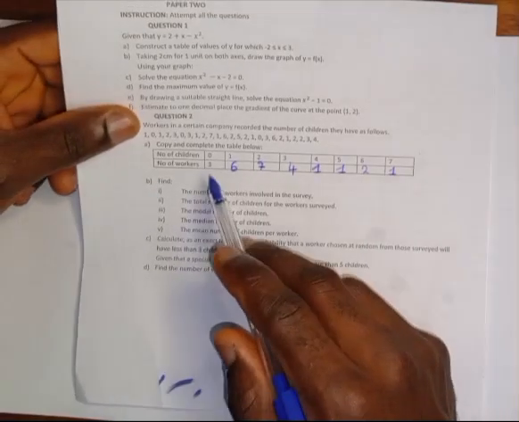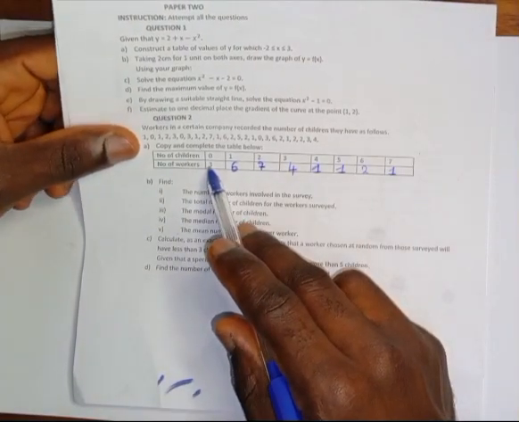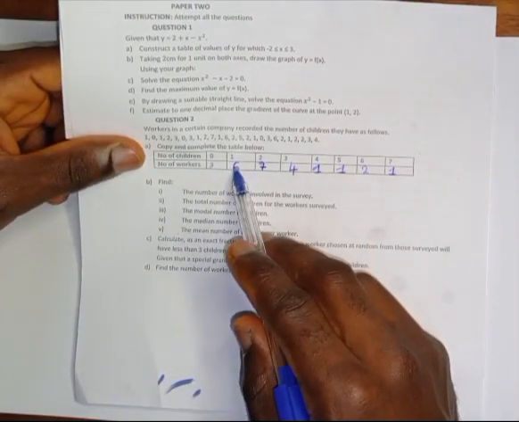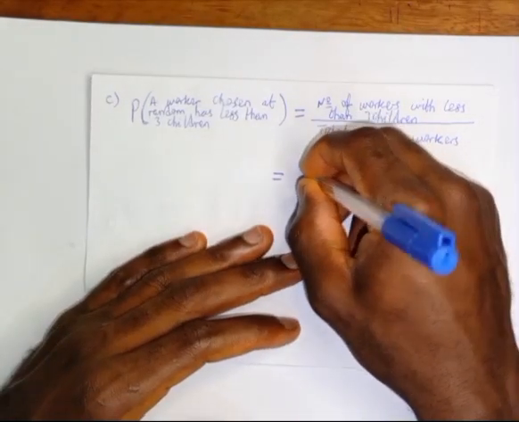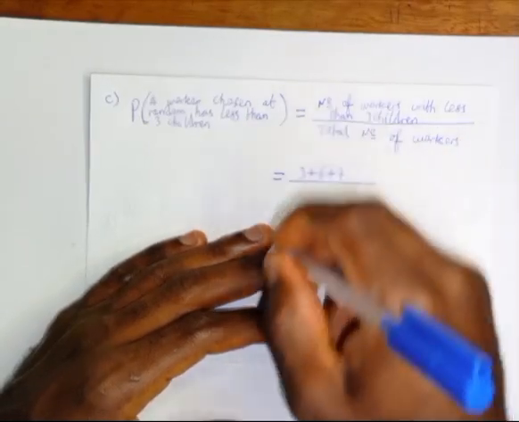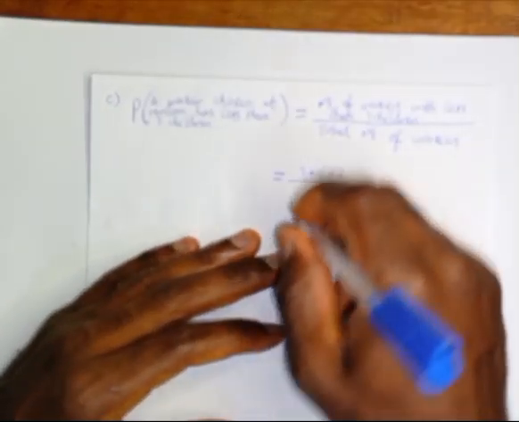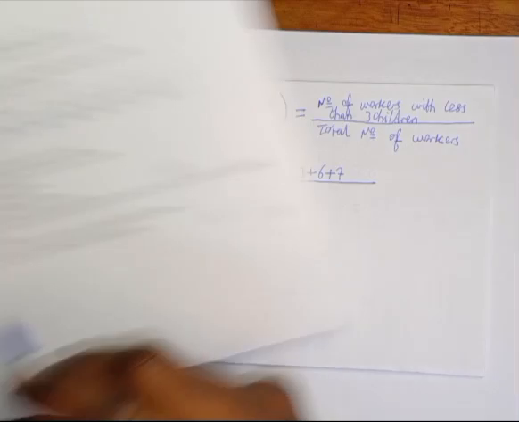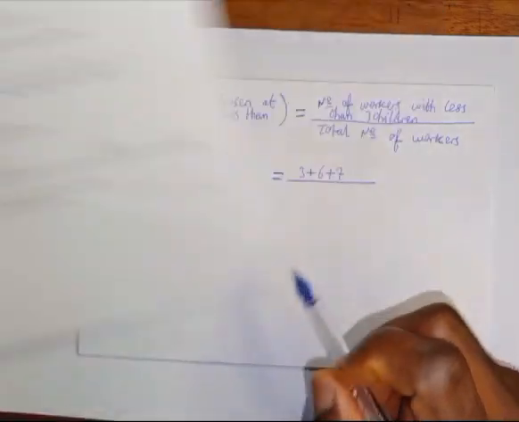The total number of workers having less than 3 children is 3 plus 6 plus 7. Then we divide by the total number of workers, which is 25.